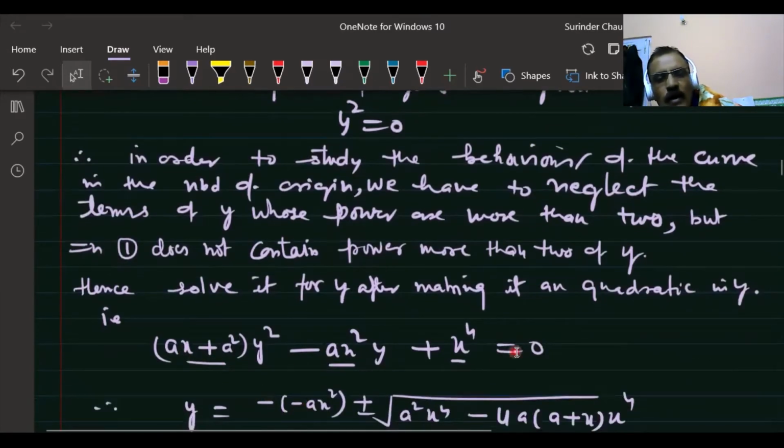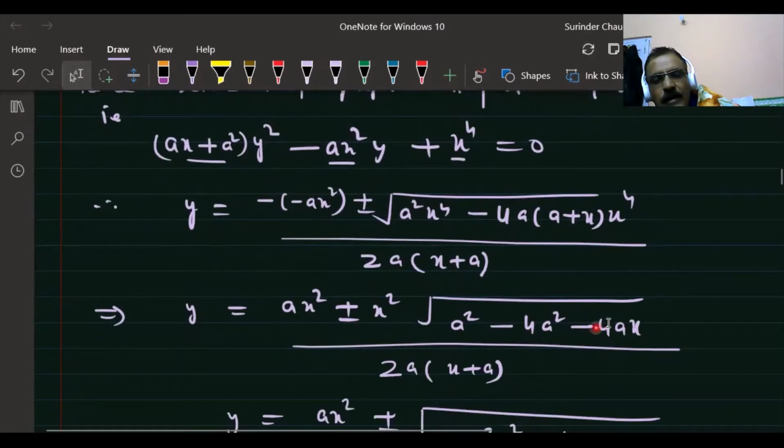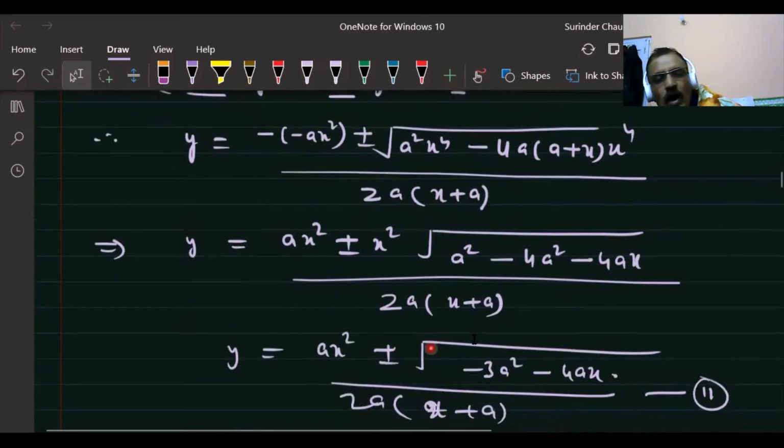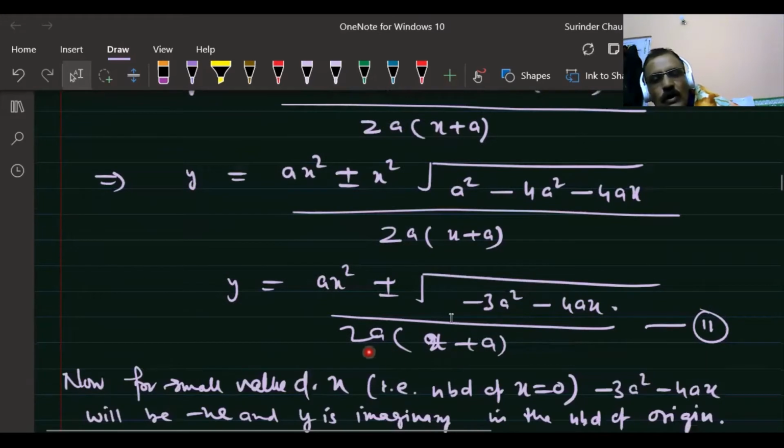This is quadratic in y; solve it for y, simplify it, and bring it to this form. Now we discuss it further for the curve in the neighborhood of the origin.